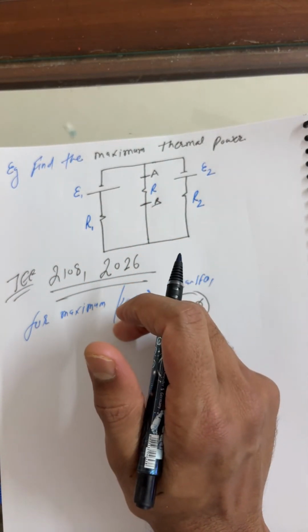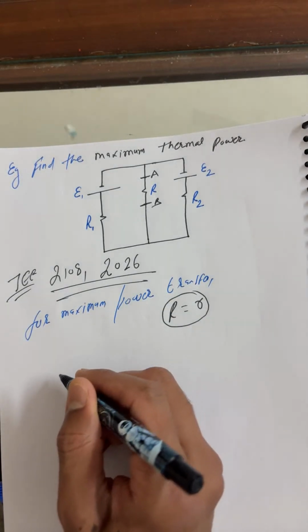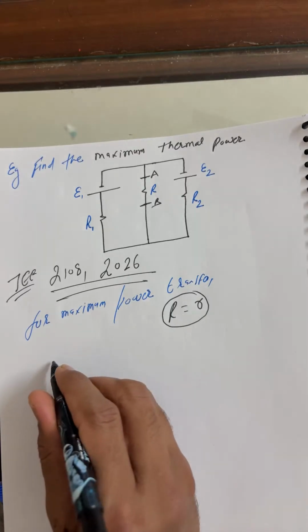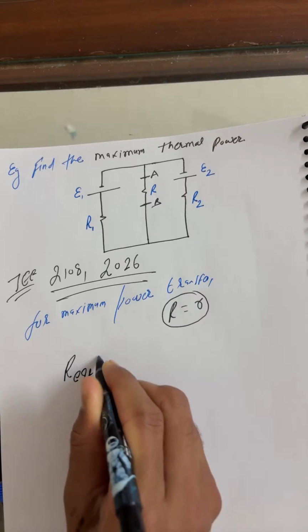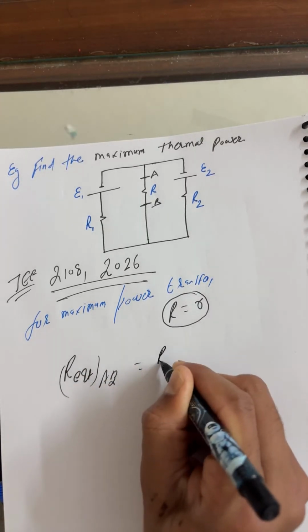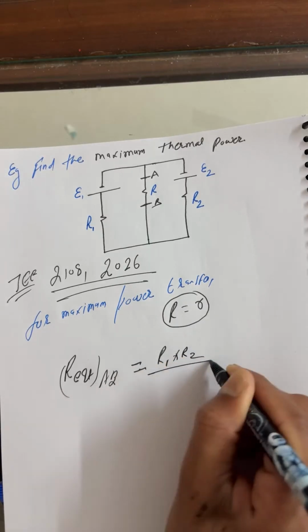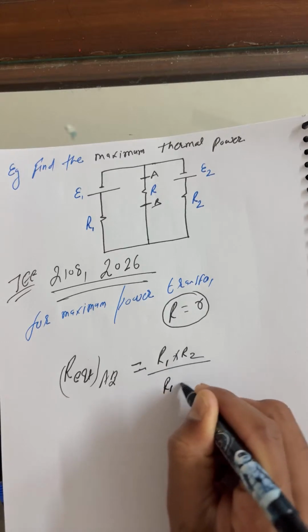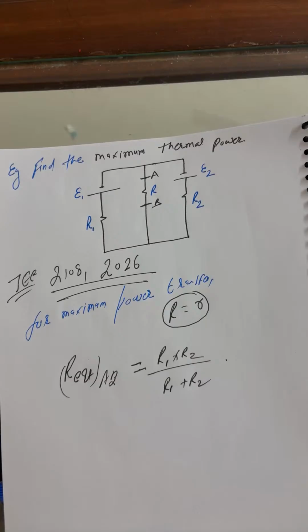So I can write R equivalent across AB. This is R1 into R2 upon R1 plus R2.